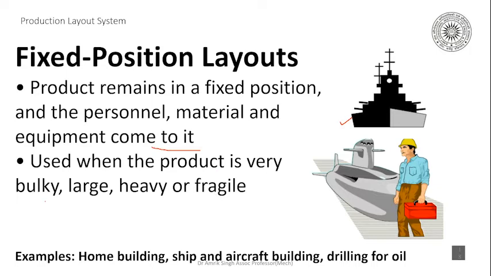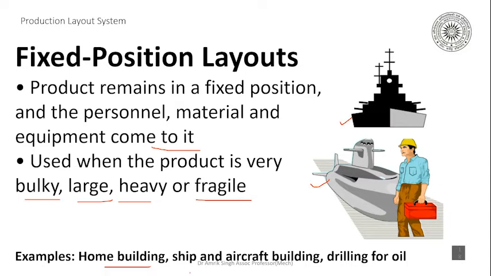It is used when the product is bulky, large, heavy, or fragile. Fragile means the things which can break. So you see here the examples: a submarine and a ship. The worker is going. Okay. An example for this is home building. There is a land, the workers go there, and the construction machinery goes to the plot and builds a house.